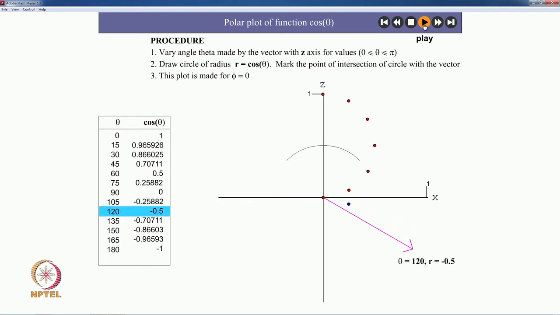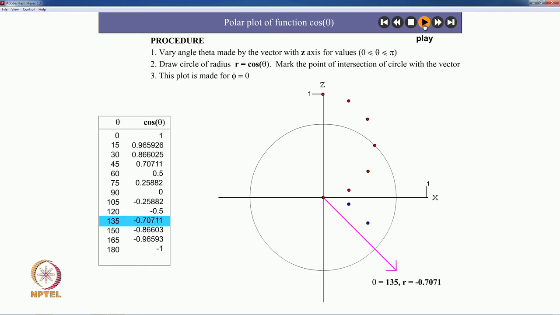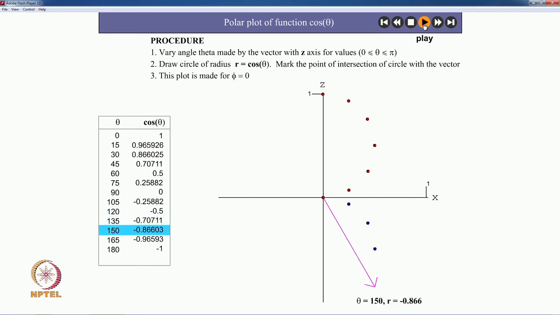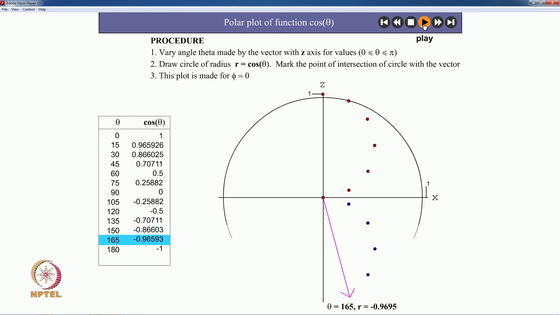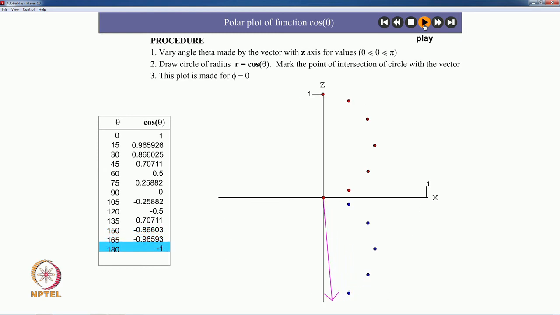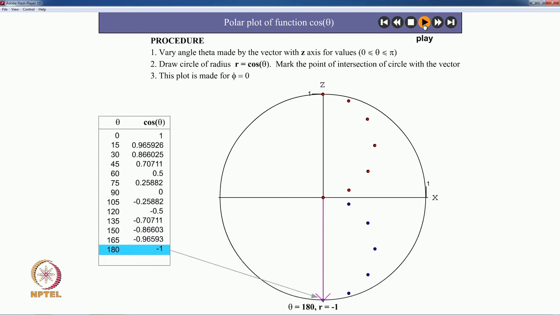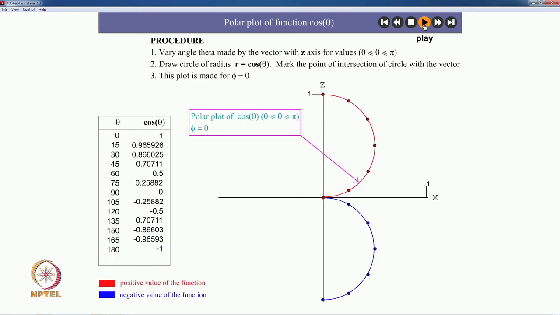Once you do it for all values of phi, you will get it for spherical polar. I have given a different color because cos theta is negative for theta greater than 90 degrees, but the values are symmetrical on either side of the x axis. Okay. So, that is the shape of cos theta in a polar coordinate system.